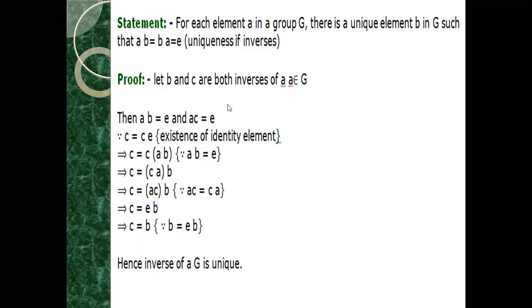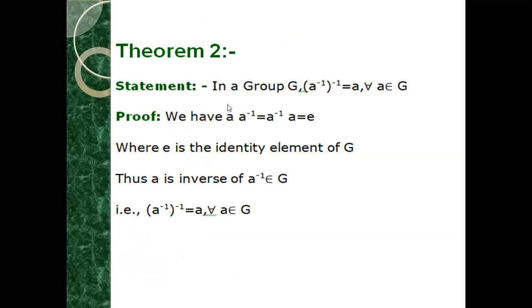Okay. So the next property: in a group G, A inverse whole inverse is equal to A for all A belonging to G. So here G is a group, and if A belongs to G, then we have to prove A inverse whole inverse is equal to A. Proof: we have the inverse property, A inverse A is equal to A A inverse is equal to E. This is the inverse law of group G, where E is the identity element of G. So A is the inverse of A inverse, which belongs to G. This can be written as A inverse whole inverse.